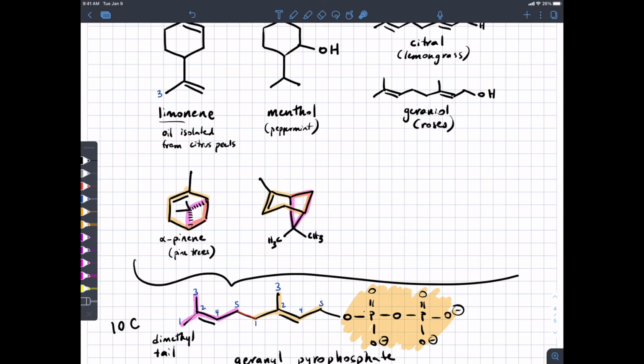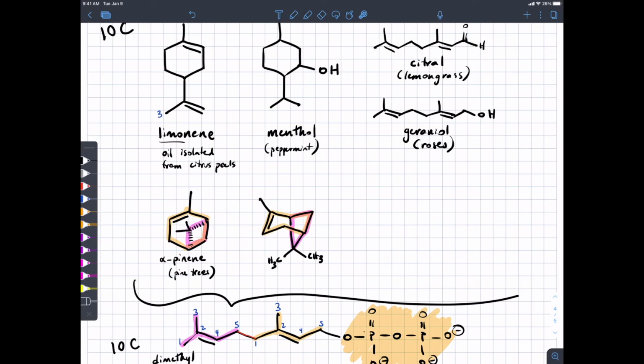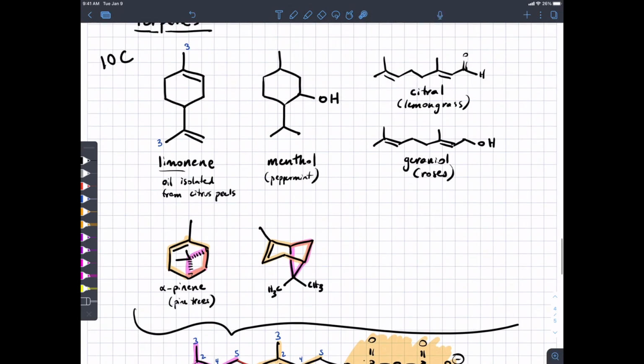Yes? Is that because when the ring comes and attacks, that double bond moves it up? I will show you the mechanism a little bit later, but in the end what happens is we end up with a carbocation on this carbon here, and we do an E1 style elimination of a proton here to put a double bond there. We'll deal with mechanism, probably not today, but next time.